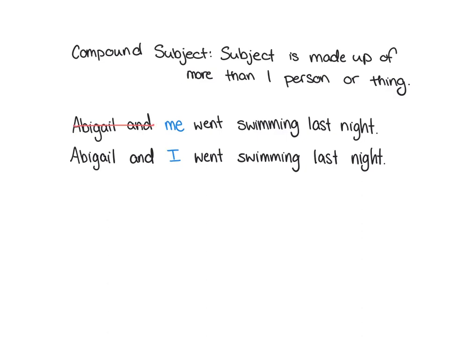So if we get rid of Abigail, does it make sense to say me went swimming last night or I went swimming last night? Now, it actually only makes sense to say I went swimming last night. So this is the correct pronoun. You would use I. So you would say Abigail and I went swimming last night because we would never say me went swimming last night.